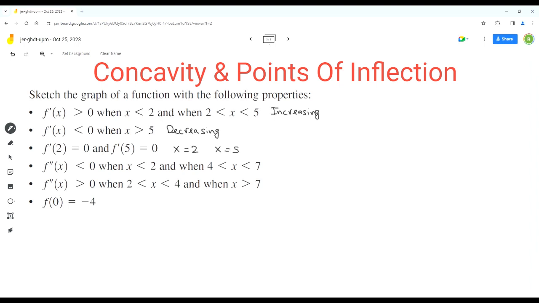Now as per the next property, the second derivative of f at x is less than 0 when x is less than 2 and x is between 4 and 7. So that means over these two intervals, the function is concave down because the second derivative is less than 0.